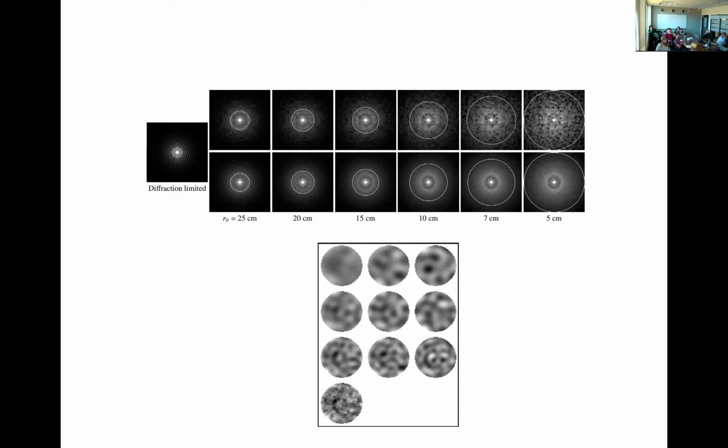So this is what's called blind deconvolution. It's called a blind deconvolution because you don't really have a priori knowledge. Limited number of a priori. You have your pupil, that's provided. But you don't make assumptions about what the distribution of phases is across the pupil.